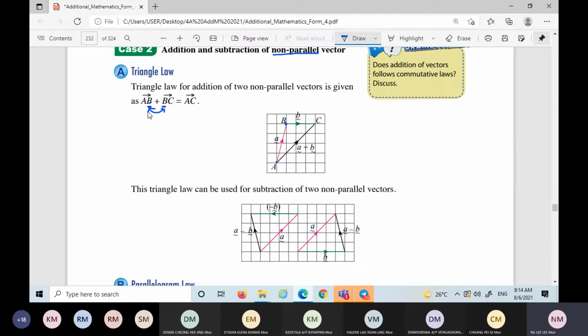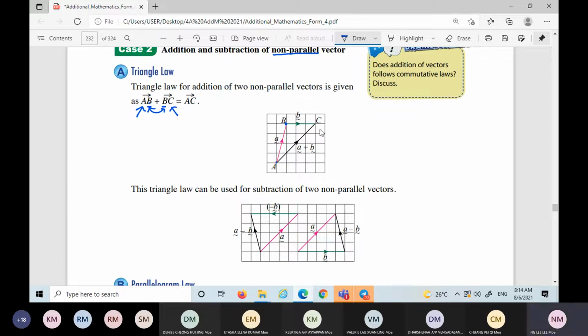This B is the ending point of the first vector, and this same B is the starting point of the second vector. Then what is the resultant vector? Take this and this: the starting point of the first vector and the ending point of the second vector will be your resultant vector. I hope it's clear.